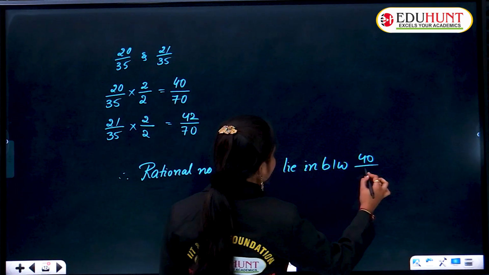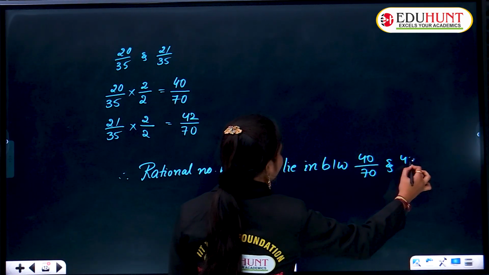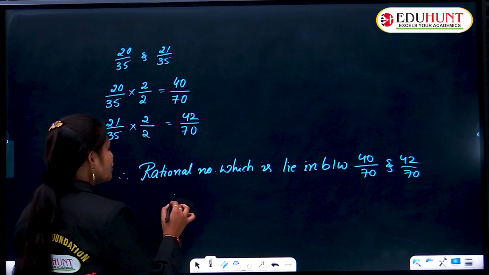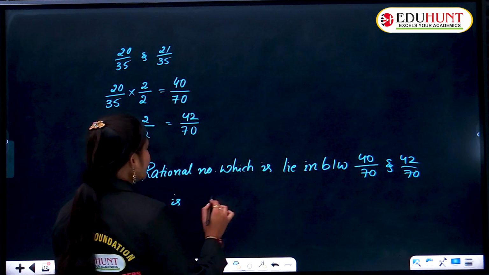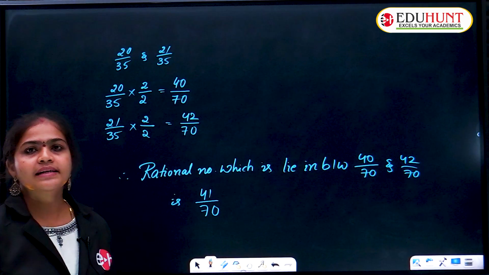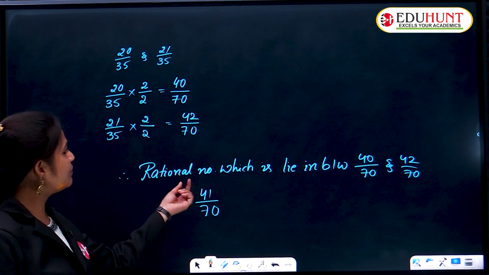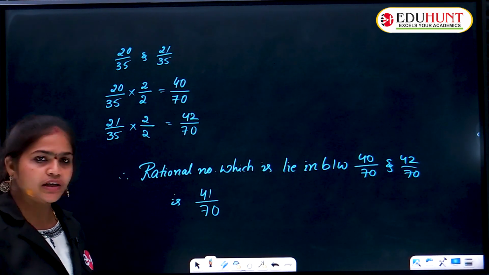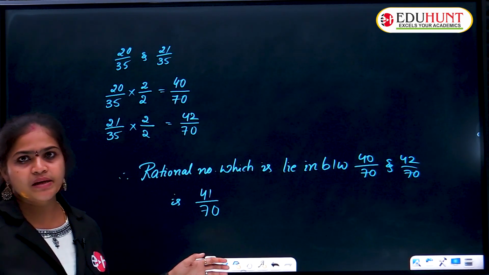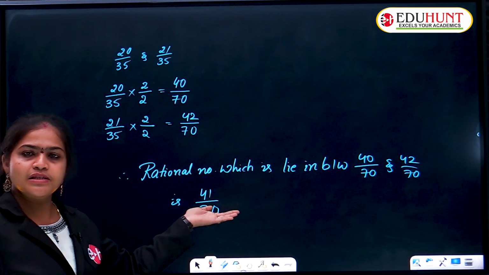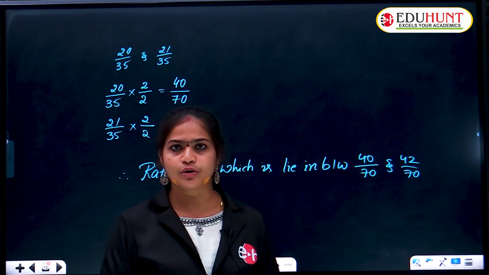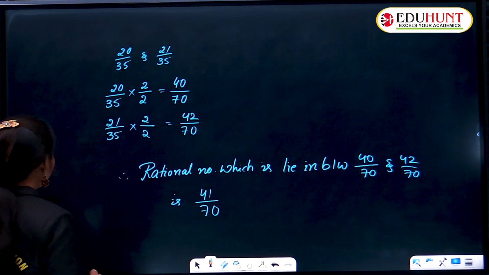In between 40 and 42, the number is 41. So 41 by 70 is the rational number which lies in between 40 by 70 and 42 by 70. Understood? After cancellation, or by taking decimal numbers, you will get infinitely many rational numbers in between any two given rational numbers. Now I will tell you one more method.